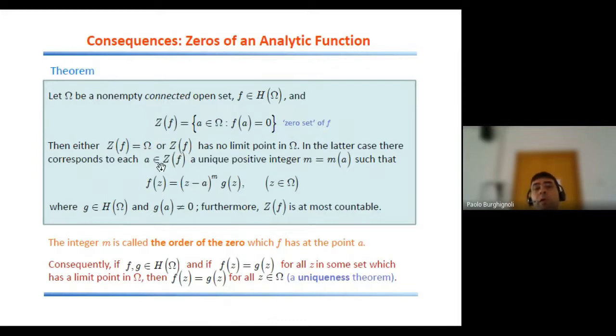and in this latter case, to each point in the zero set, so to each zero a of the function, there corresponds a unique positive integer, m, which is called the order of the zero, such that the function can be represented in omega as the product of the monomial (z minus a) to the mth power times a function g, which is analytic in the entire omega region, with the property that g is different from 0 at a, so a is not a zero of the function g.